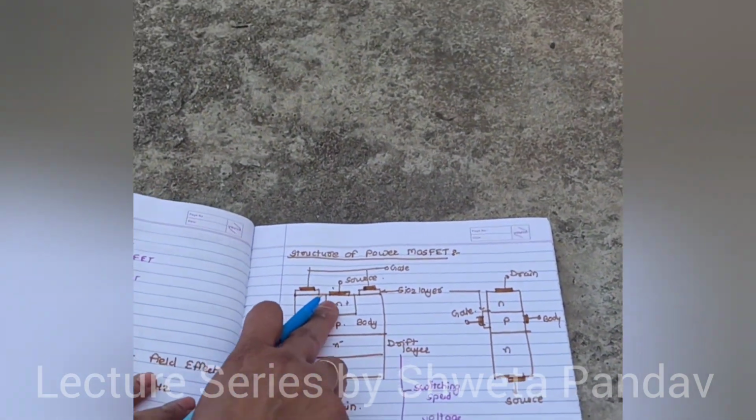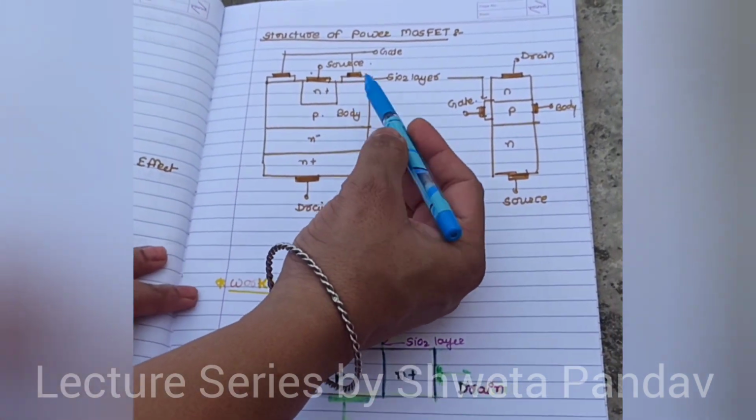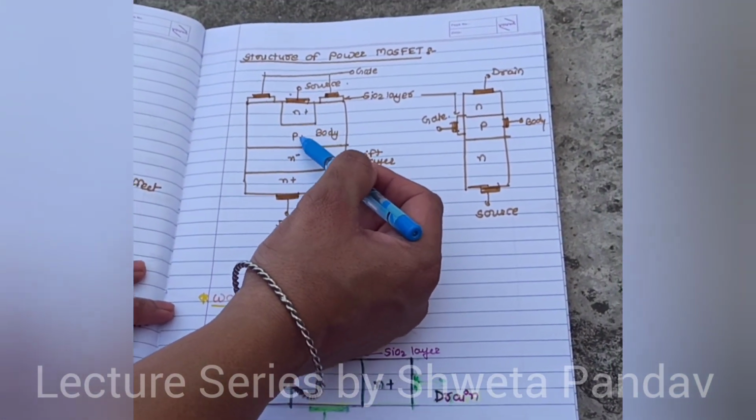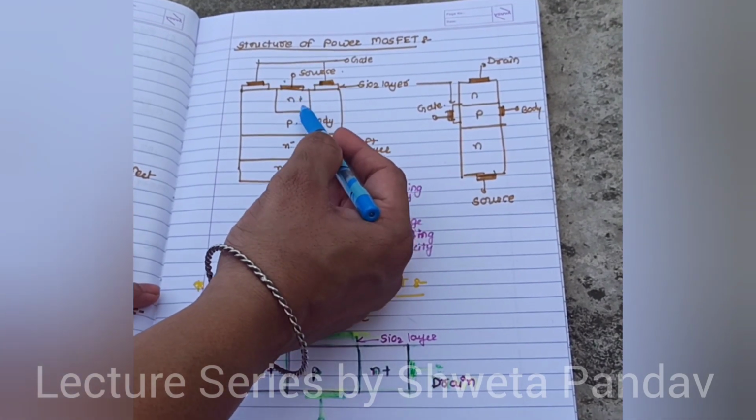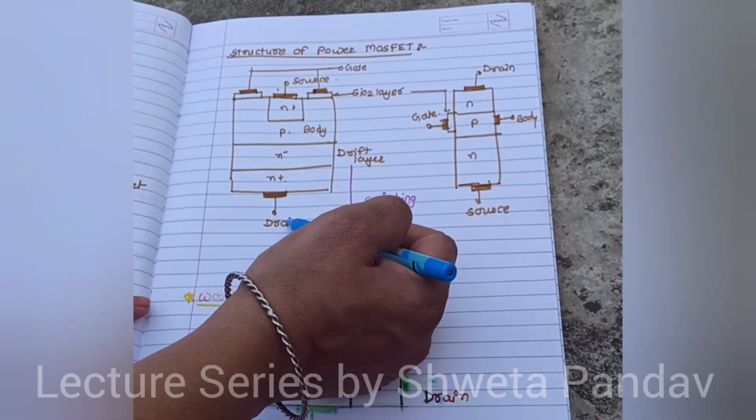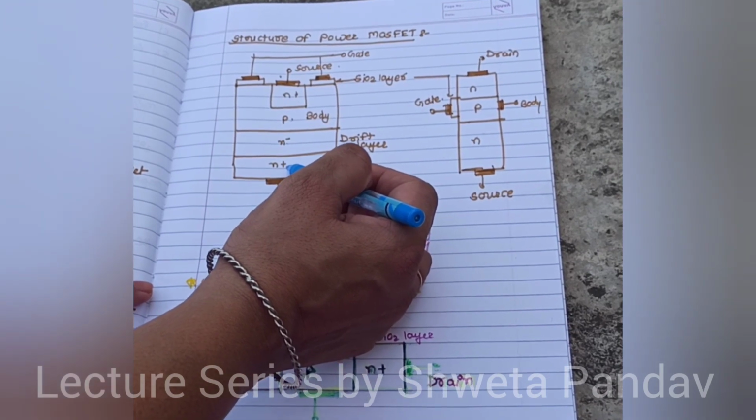As you have seen from the diagram, it has four layers: N plus, P, N minus and N plus, where source is connected to an N plus terminal and drain is connected to an N plus terminal.